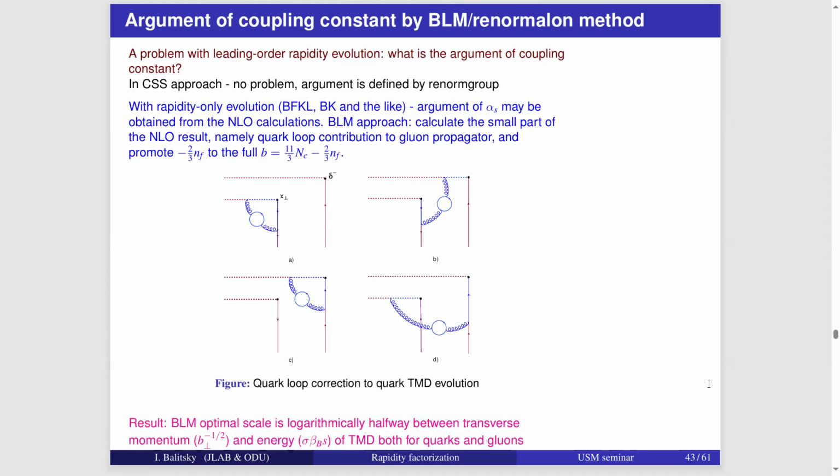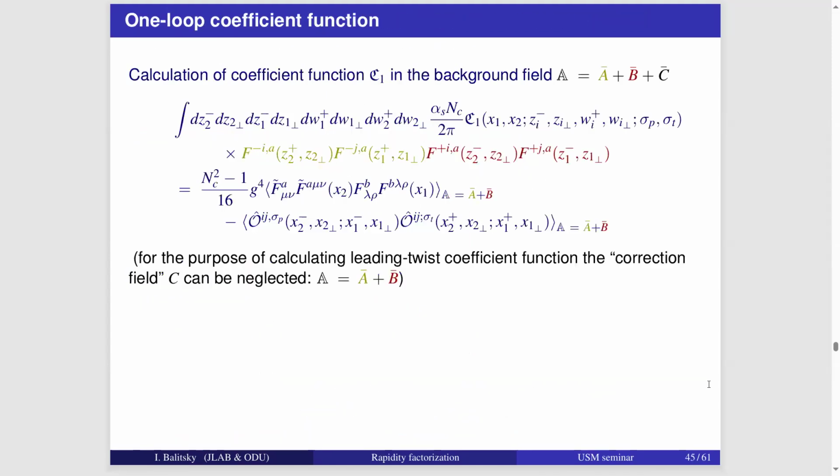For me this was kind of surprising, because when I learned pedagogical QCD many years ago in Leningrad, I was told that the coupling constant always depends on something transverse. Well, it looks like not always here. It is halfway between transverse and longitudinal.